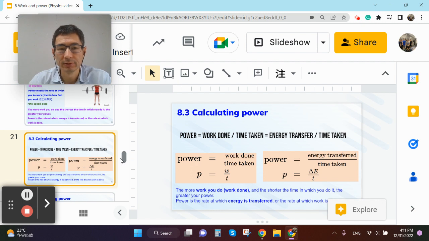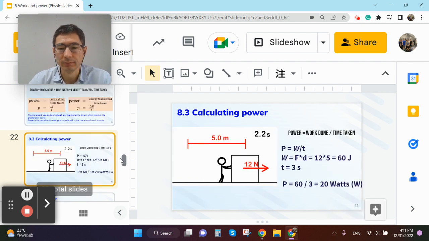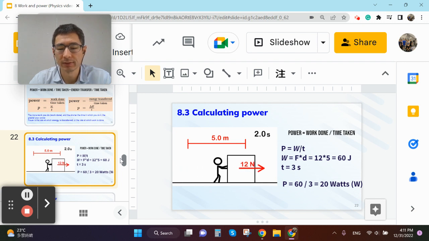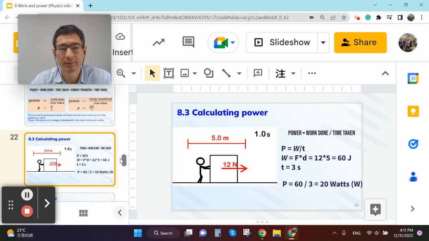Okay, let's continue. In this example, Stickman is pushing the box to the right, applying 12 newtons for 5 meters distance, and he does it in 3 seconds. If I want to calculate the power, first I need to calculate the work done.